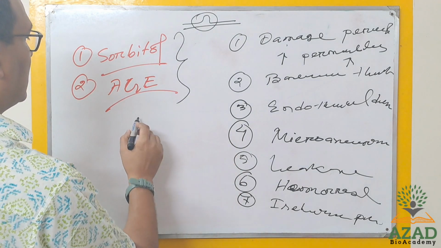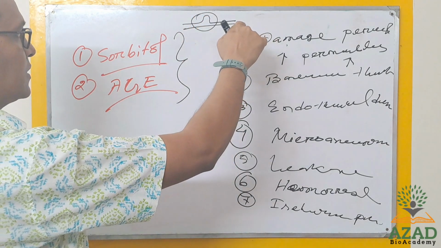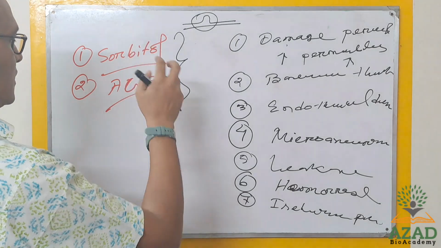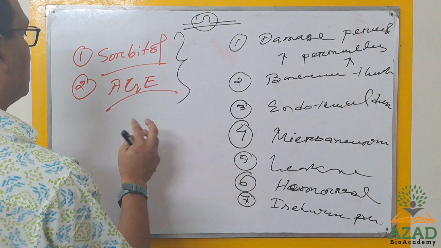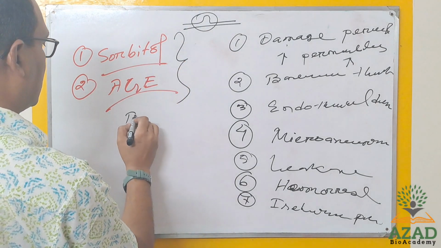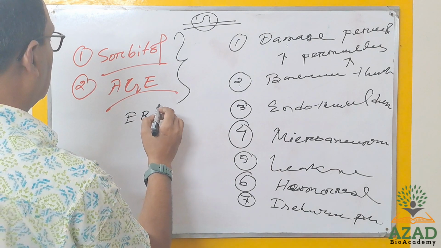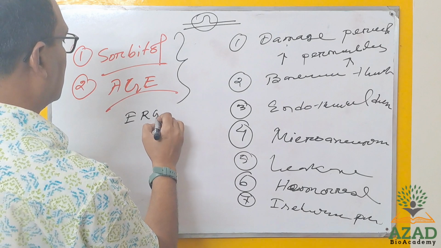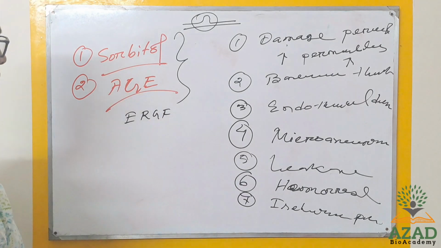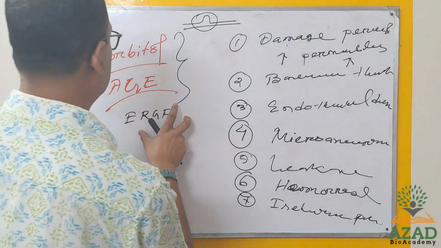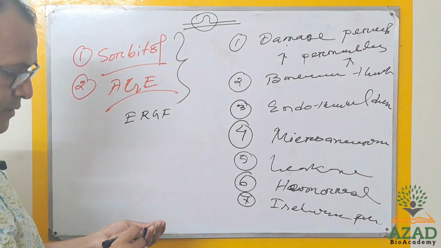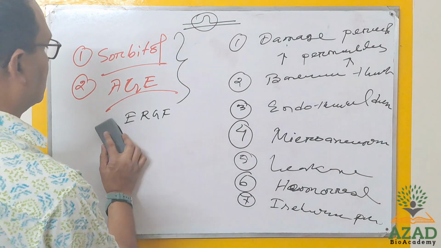Then what will happen? That particular part of the blood vessel will be activated, and it will produce vascular endothelial growth factor.